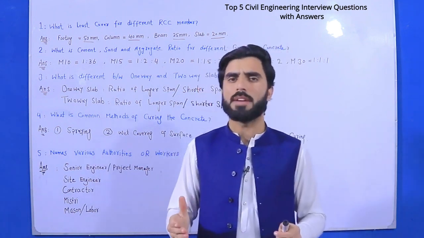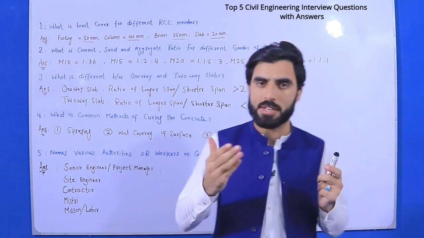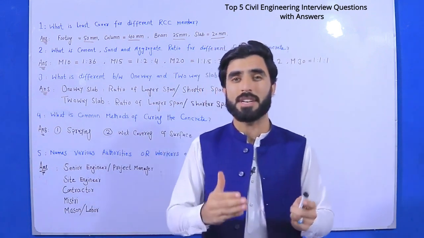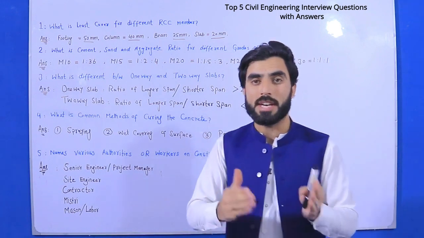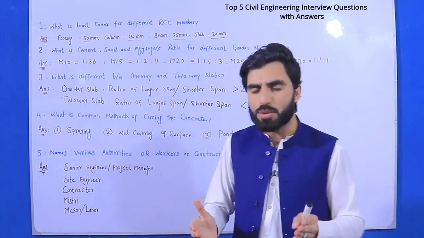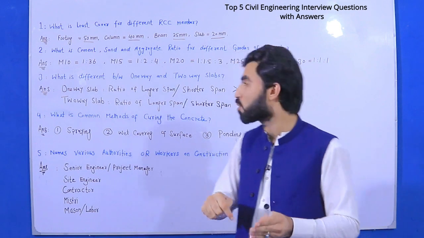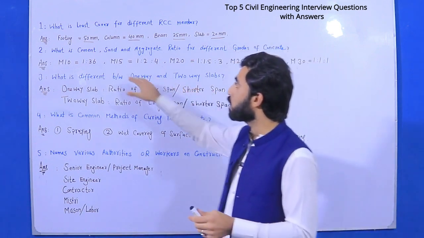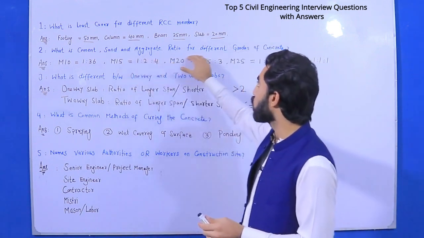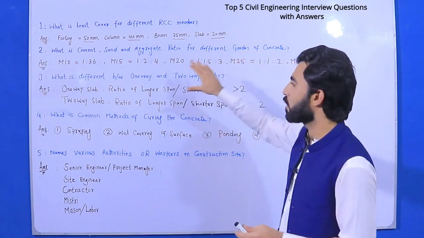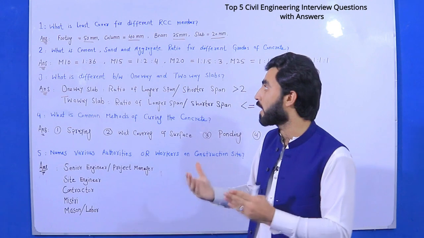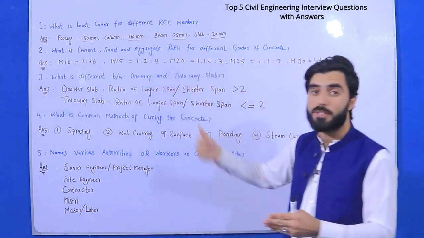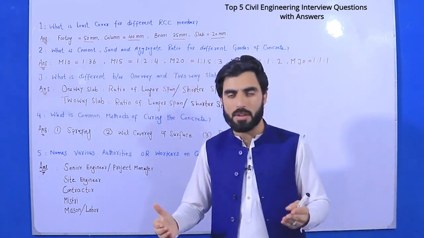In many videos I have discussed what is grade of concrete and different grade of concrete ratios. If you didn't watch, the link is in the description of this video. As you know, guys, we have M5, M7.5, M10, M15, M20, M25, etc. These are grades of concrete.